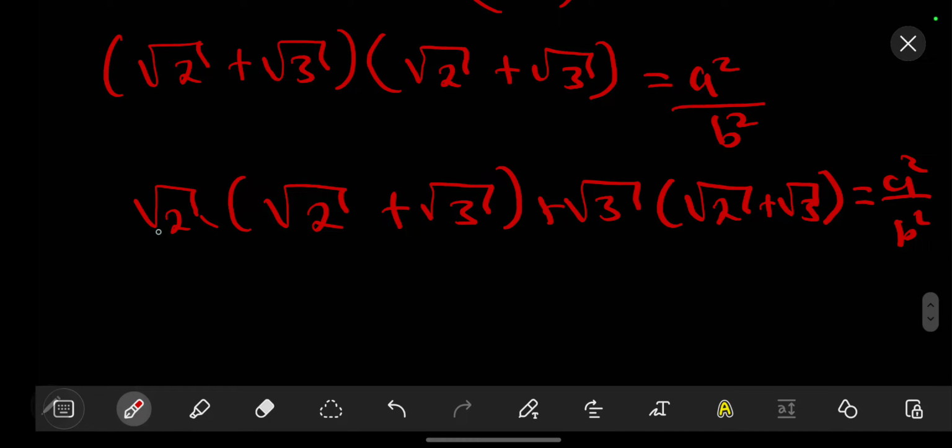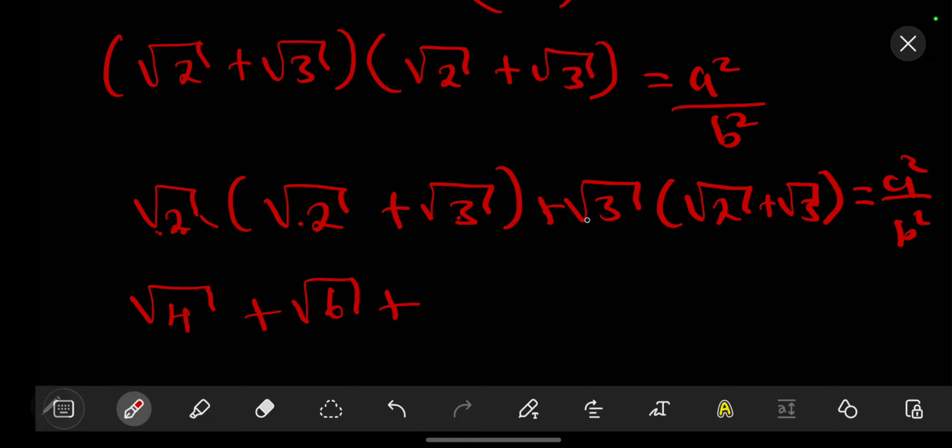So we are going to multiply. The square root of 2 times the square root of 2 is simply multiplying what is inside, so 2 times 2, which is the square root of 4. Then plus the square root of 2 times the square root of 3, which is the square root of 2 times 3, giving us 6.